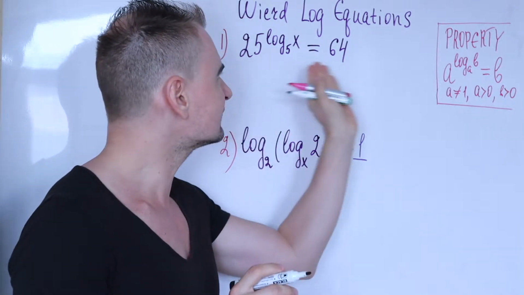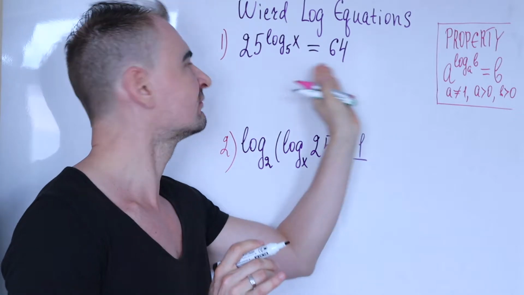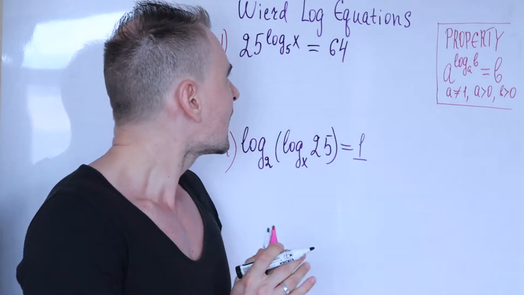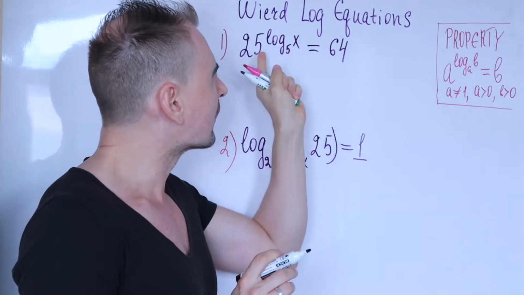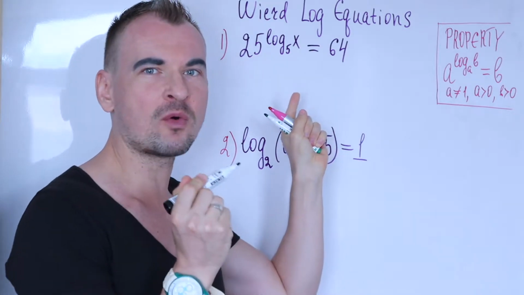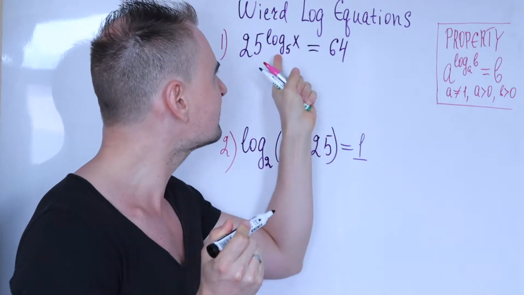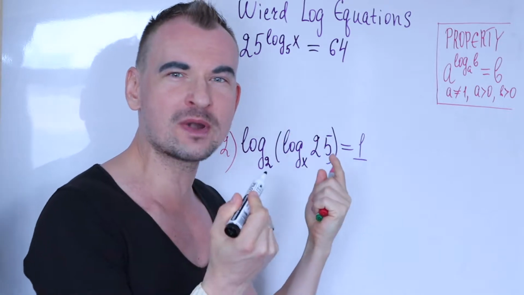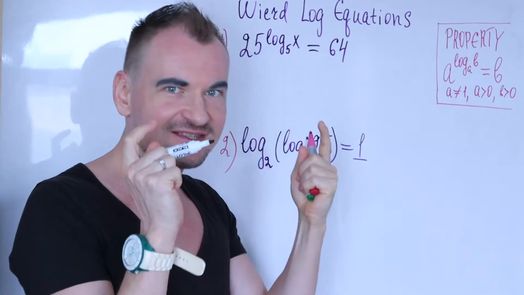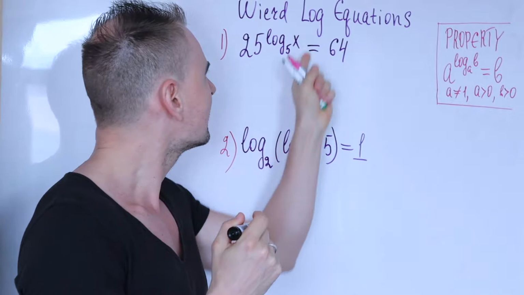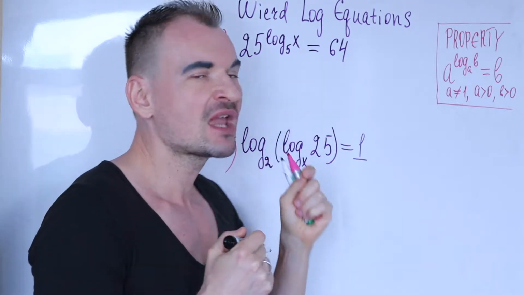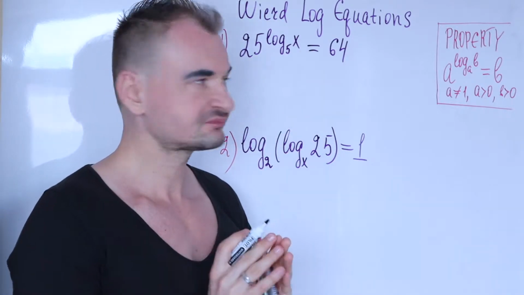Say you run into something like this. Look at the first one. The log of x, the log of the variable, appears to be an exponent, the index or power of that expression. And what do we do?